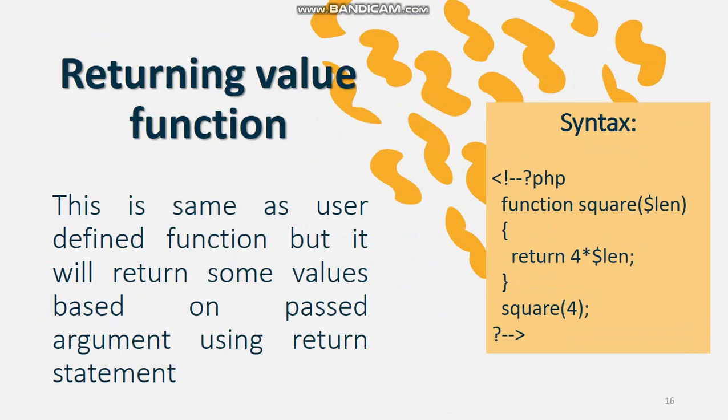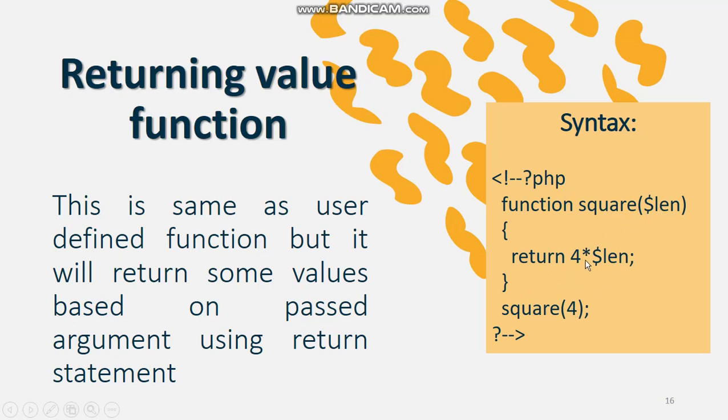Returning value function. This is the same as user-defined function, but it will return some values based on the passed argument using the return statement. So in the returning value function, when you call the function, it returns a value. This is the syntax. We have a function named square, with $len, and a value of 4 to be multiplied by $len. The value of $len is 4.